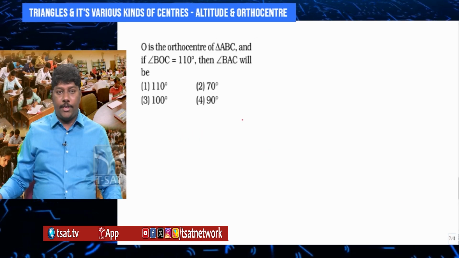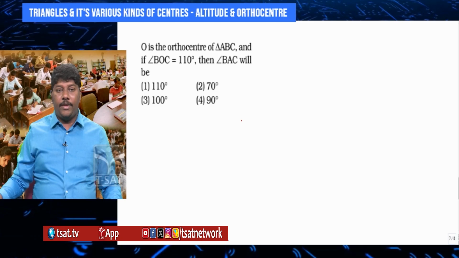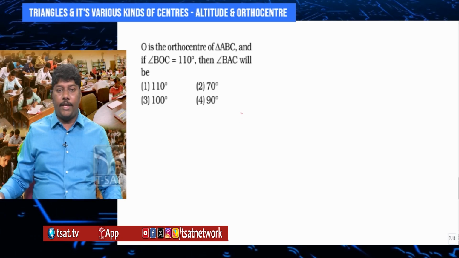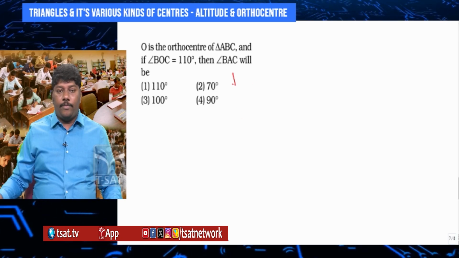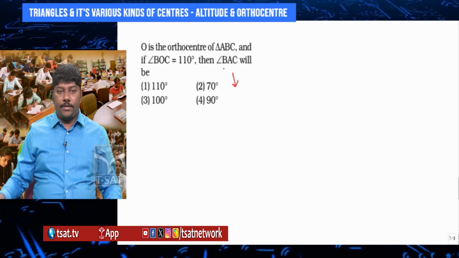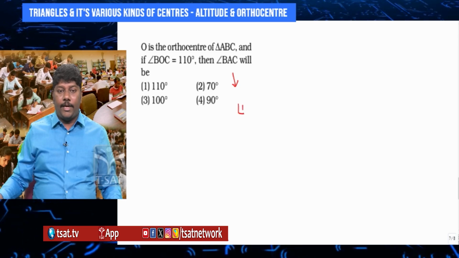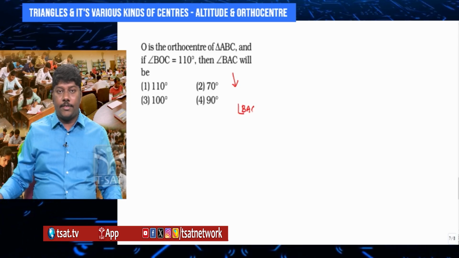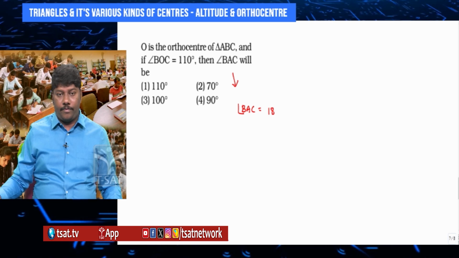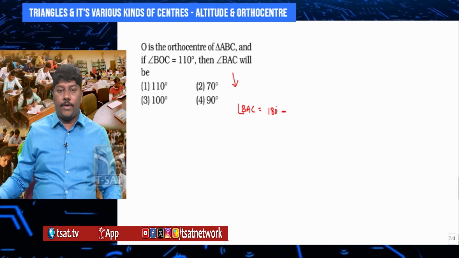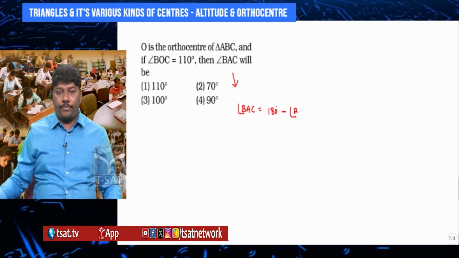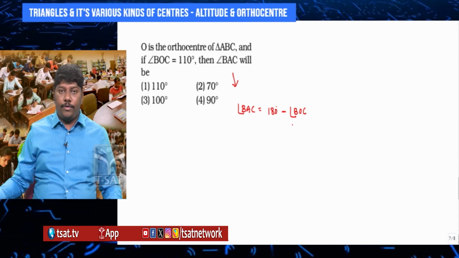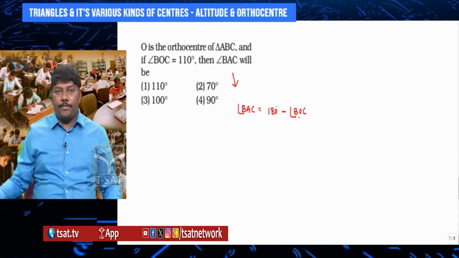O is the orthocenter of triangle ABC and BOC is equal to 110, BAC will be. So, angle formed at the orthocenter and angle A. If I ask you angle BOC, it is 180 minus angle A or else angle BAC.